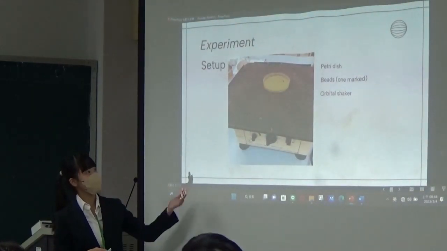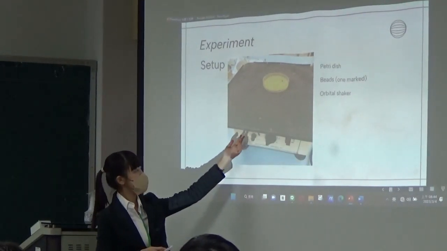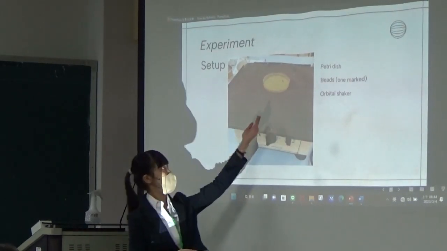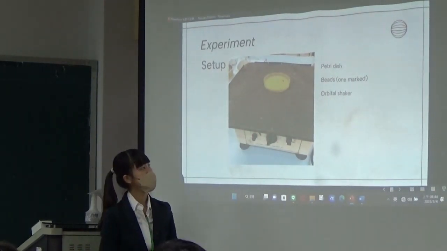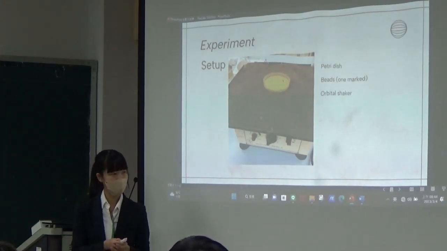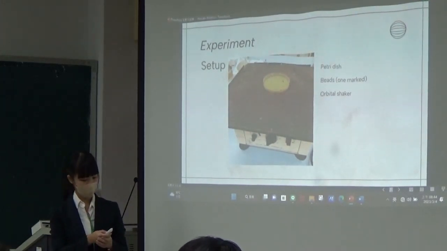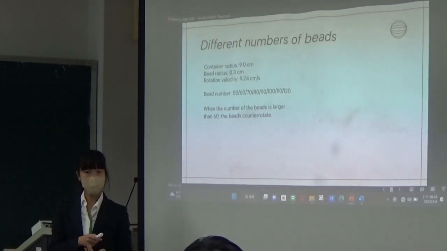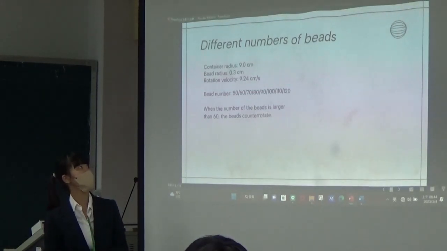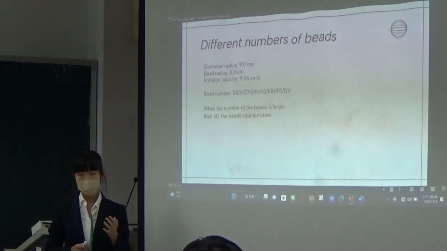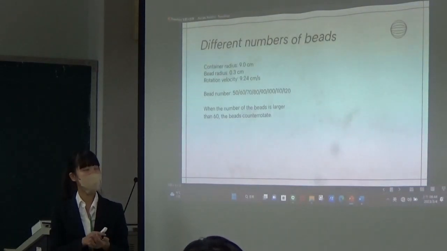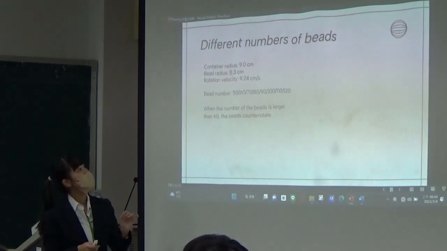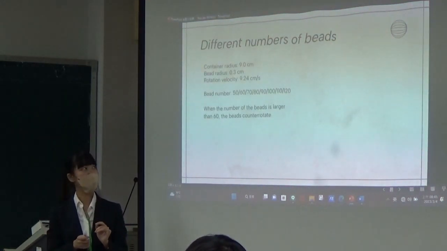This is the experiment setup. This is the base that can move clockwise, and the container and balls. First, the variable is different numbers of beads. The container radius we use is 9 centimeters, and the bead radius is 0.3 centimeters.